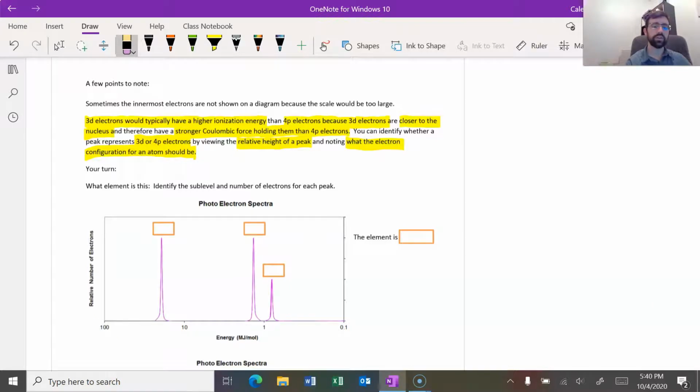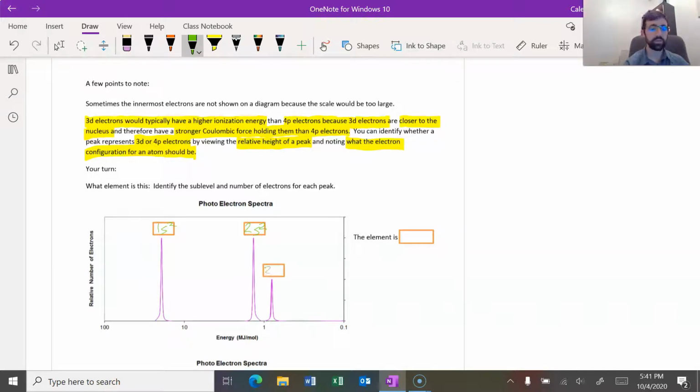And if we've got 2 peaks next to each other that are of identical height, and it's the first 2 peaks, we can pretty well assume this is the 1s and this is the 2s. They have the same height, 1s2, then 2s2, and what would come after 2s?